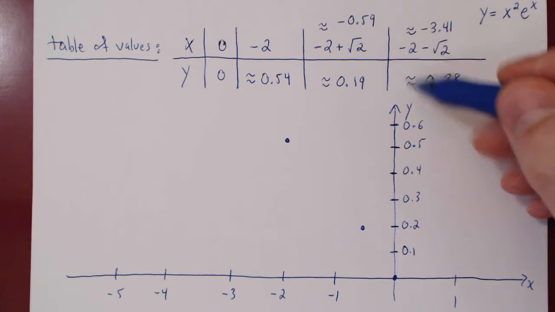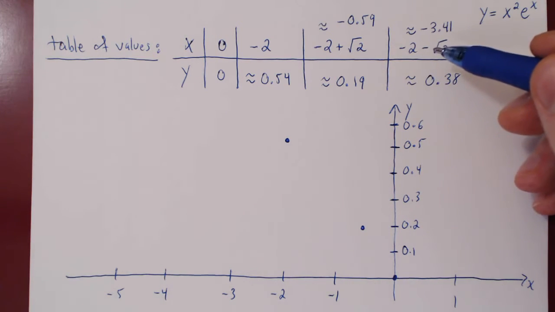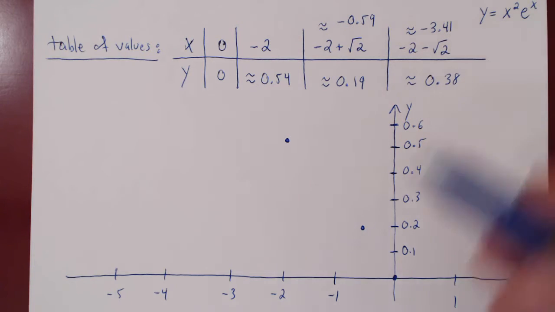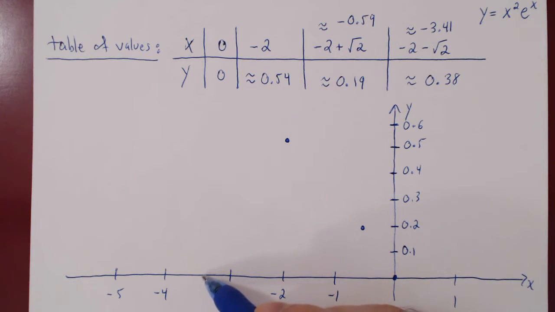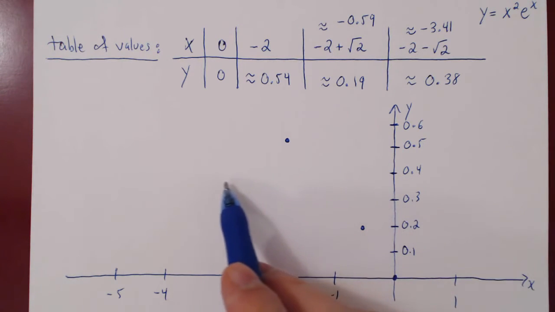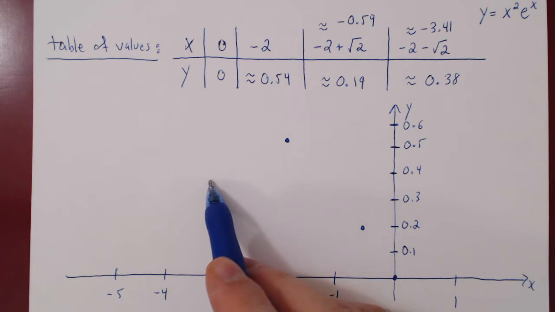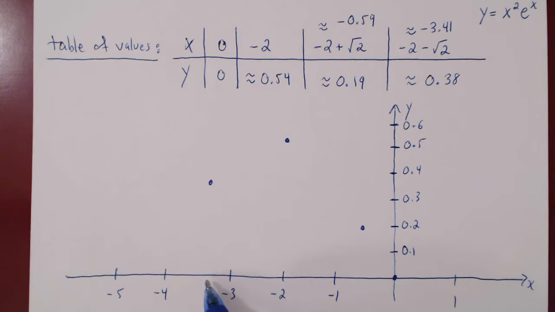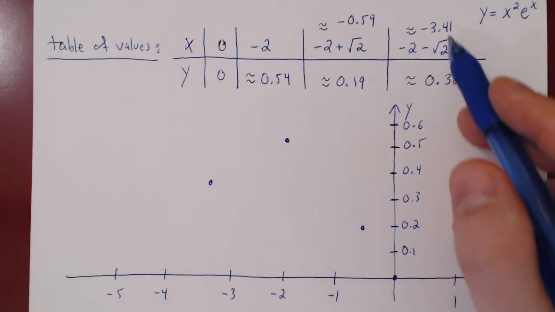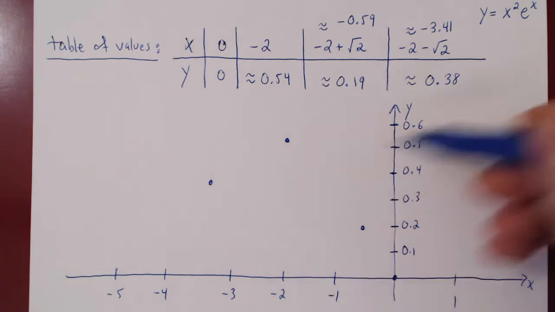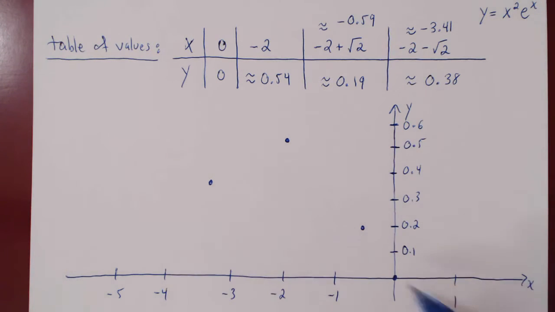And our fourth key point, x was roughly negative 3.4, so it's about here. And y is about 0.38, so it's about here. Roughly negative 3.4 for x, and roughly 0.38 for y. So we have our 4 points.